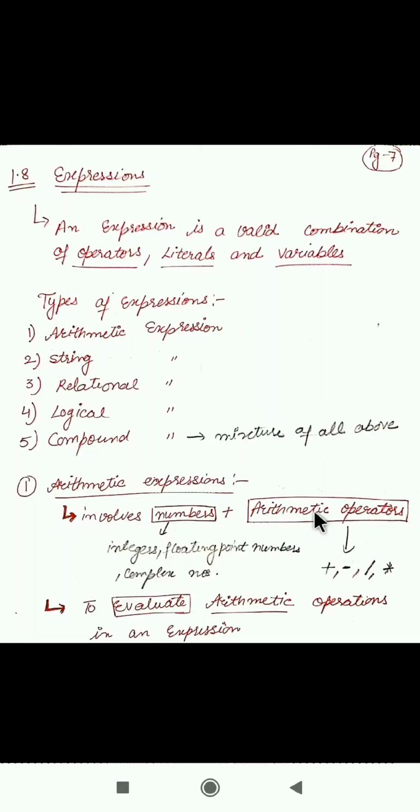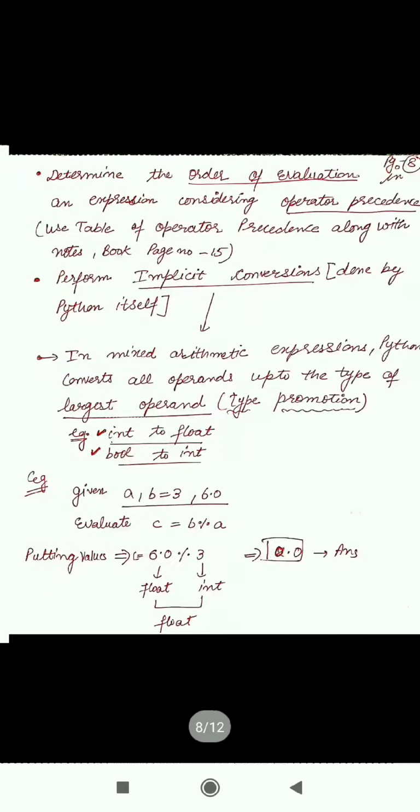The numbers data type we have already covered in the previous lecture, allowing integers, floating point numbers, or complex numbers. Arithmetic operators are plus, minus, divide, multiply. So let us know how to calculate or evaluate an arithmetic expression.